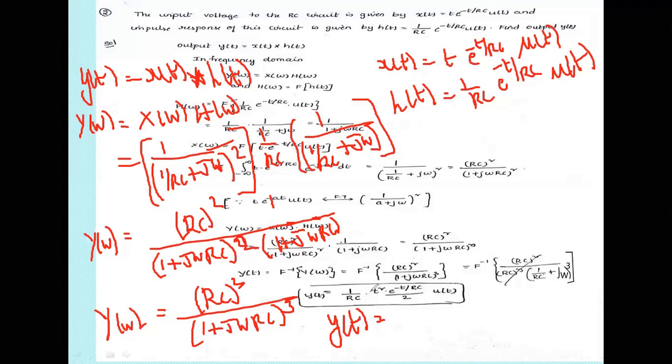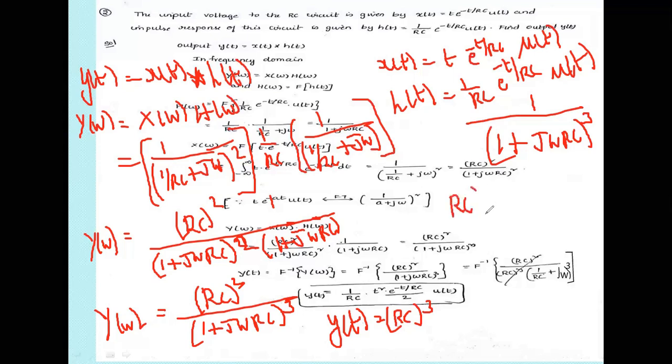Apply the inverse Fourier transformation here also. RC whole cube we already have. And it becomes, change this function as 1 plus j omega RC whole cube term as 1 by j omega. Take the RC whole cube as common in the denominator, so 1 by (RC plus j omega) whole cube.